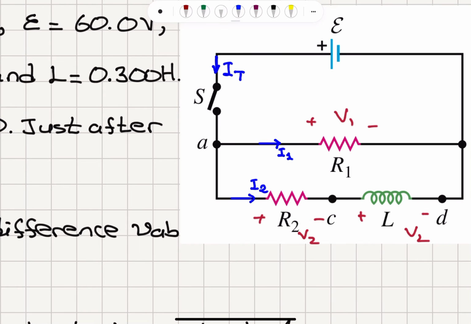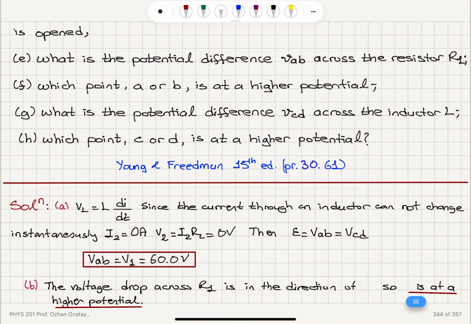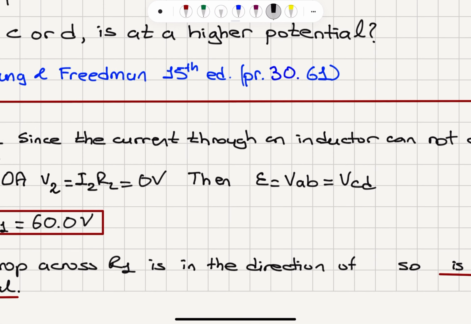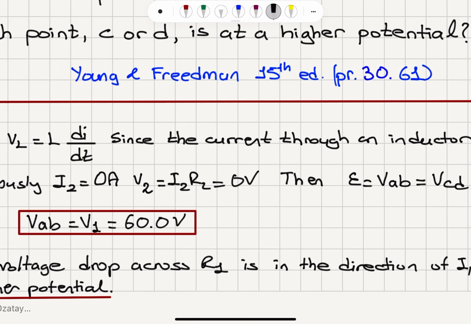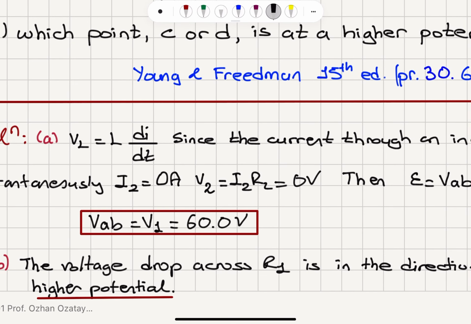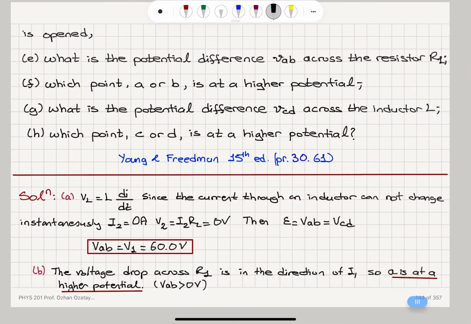Therefore, the voltage drop is from A towards B. So R1's voltage drop is in the direction of I1. Point A is at a higher potential compared to point B, because VAB is positive, greater than 0 volts.